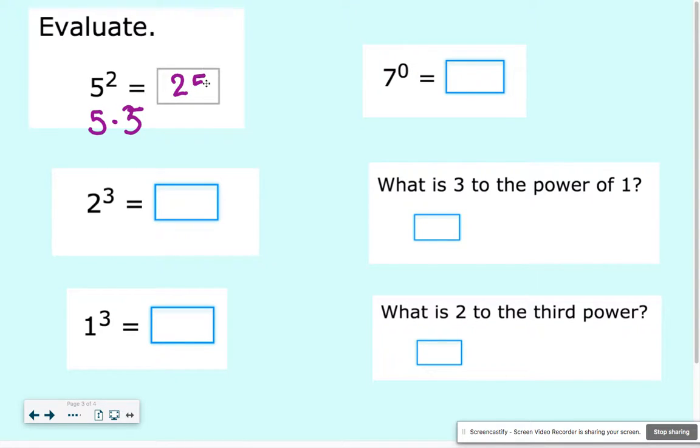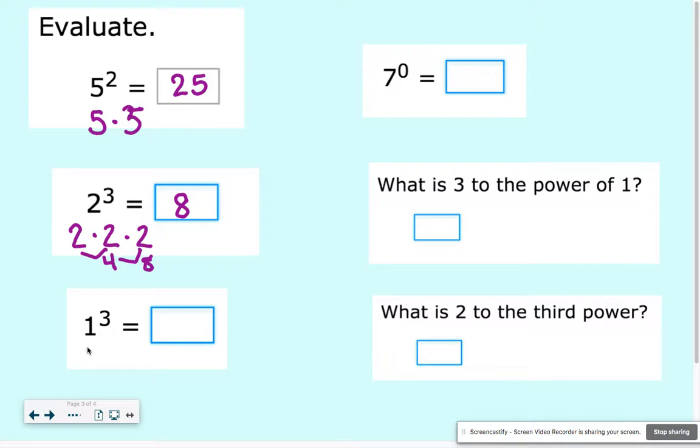So 5 squared is 25. 2 to the third power, or 2 cubed, means 2 times 2 times 2. 2 times 2 is 4, times 2 is 8. So 2 cubed is 8.